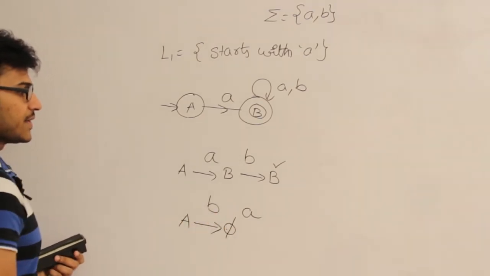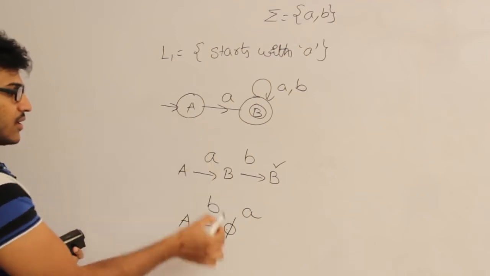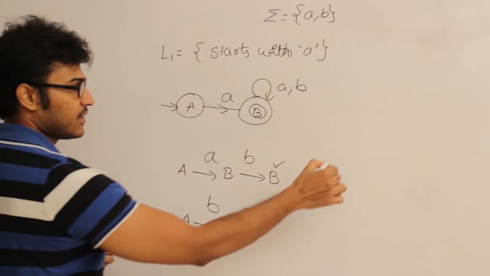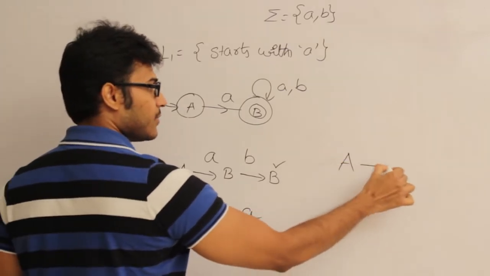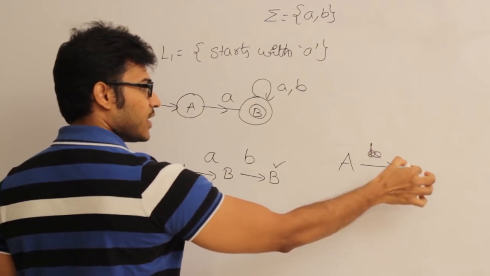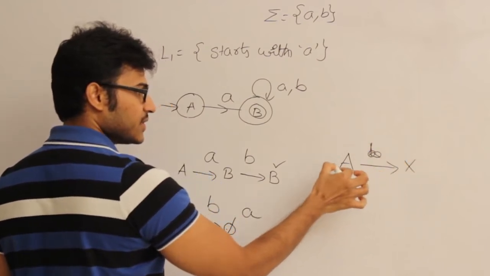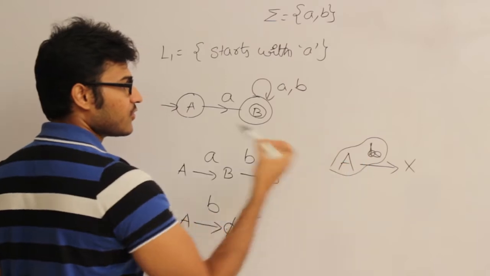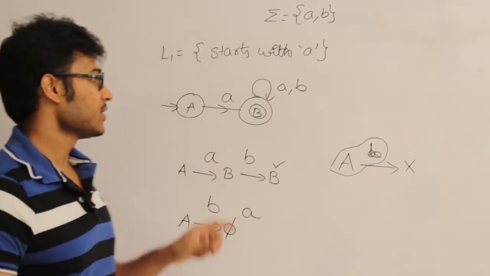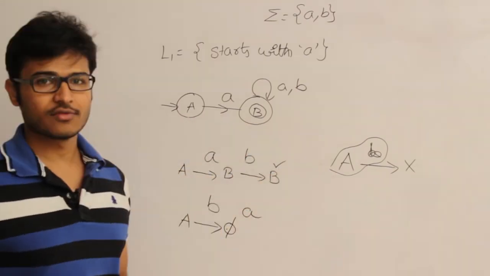This is also called a dead configuration. Dead configuration is nothing but if I am in a state A and I am looking at a symbol, small a or small b, and I don't have any move further, this means that I have hit a dead configuration. In case of DFA, we don't have dead configuration, but in case of NFA, we might hit a dead configuration.